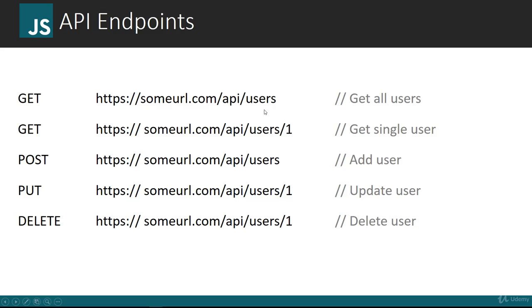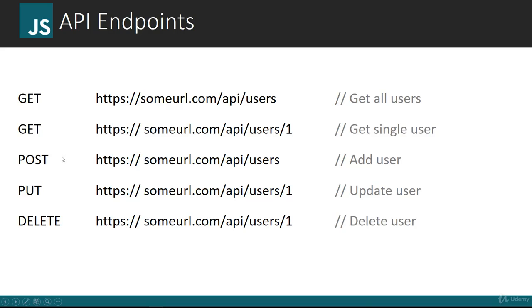Now it's completely up to the API how they want to format the URLs. Sometimes you might see a subdomain like api.someurl.com/users, something like that. This one here is an example of getting a single user, so it would be API/users/ and then whatever the ID of that user.